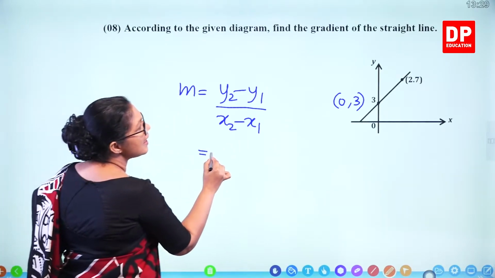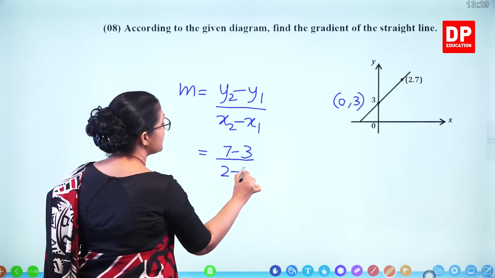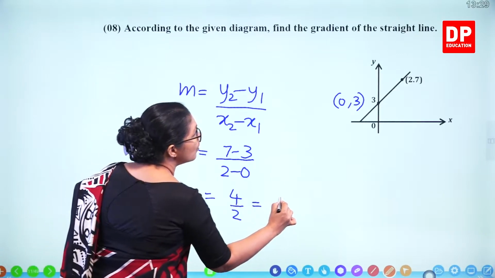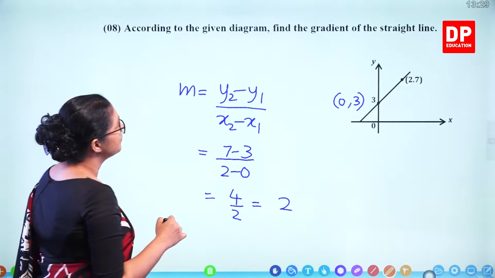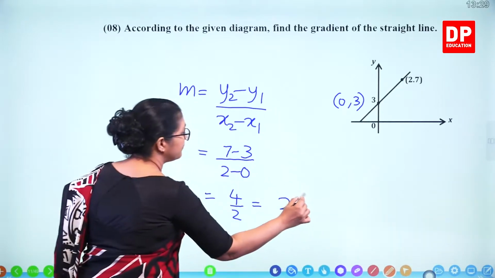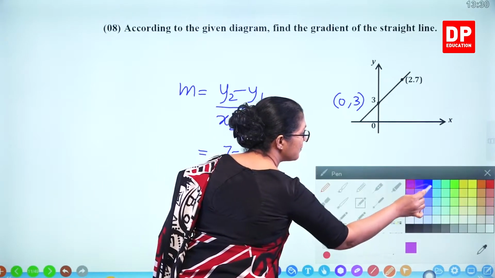So you can take 7 minus 3 over 2 minus 0. 4 over 2, or you can write 2. So that's the gradient. 2 marks there: 1 mark here and 1 mark for the method.